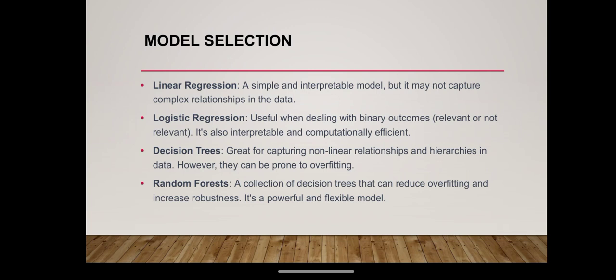It's interpretable and computationally efficient. Decision tree is great for capturing non-linear relationships and hierarchies in the data, but it can be prone to overfitting. Random forest is a collection of decision trees that can reduce overfitting and increase robustness, and is powerful with flexible data.